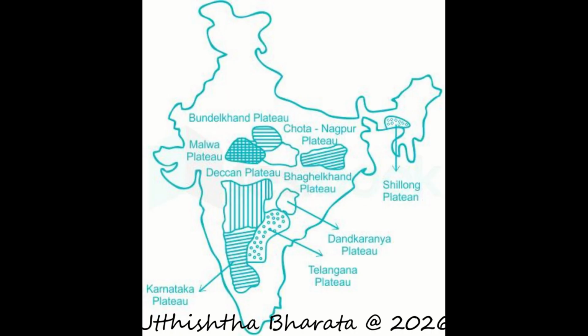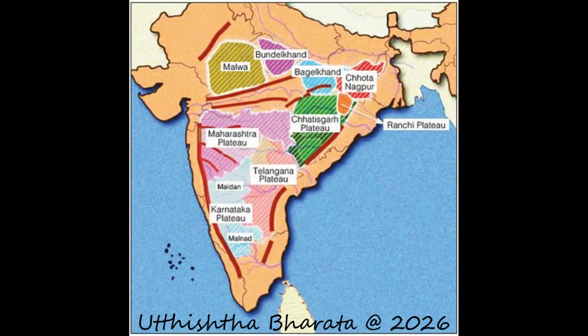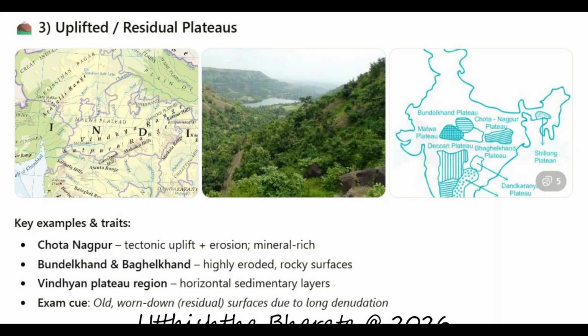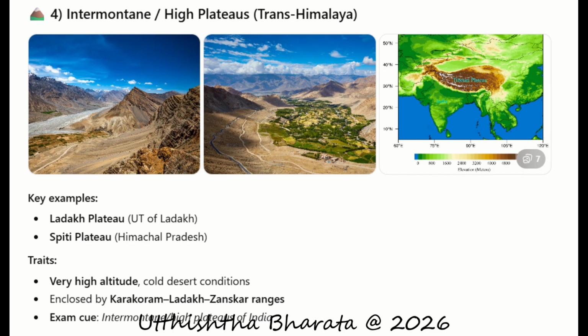These dome-shaped tablelands only surround the uplifted middle portion of the landmass. The best examples are the Chota Nagpur Plateau of India and the Ozark Plateau, once again in the USA, that is the North American continent.